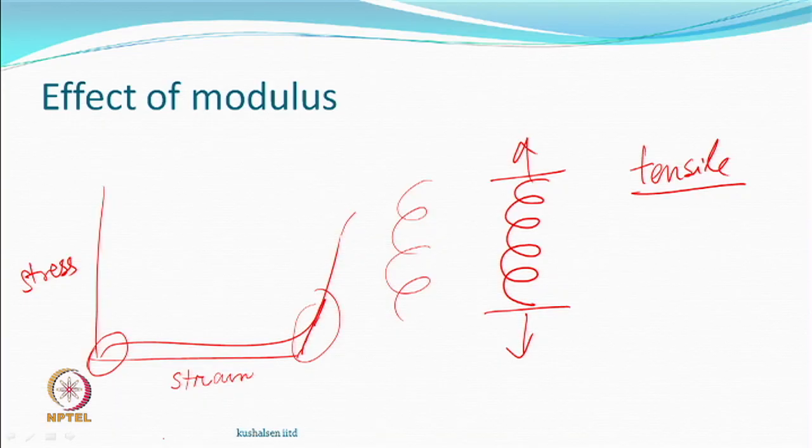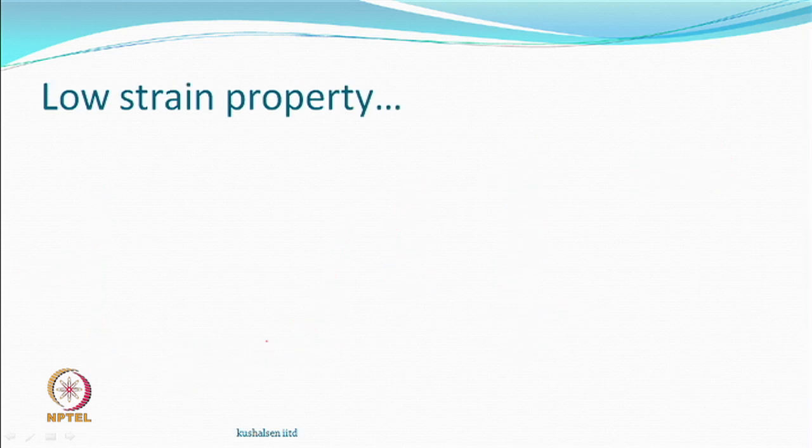This is only crimp or helix opening. This area in the beginning is the opening of the helix, right. So, the opening of the helix is in some way related to what sometimes we call a low strain property.